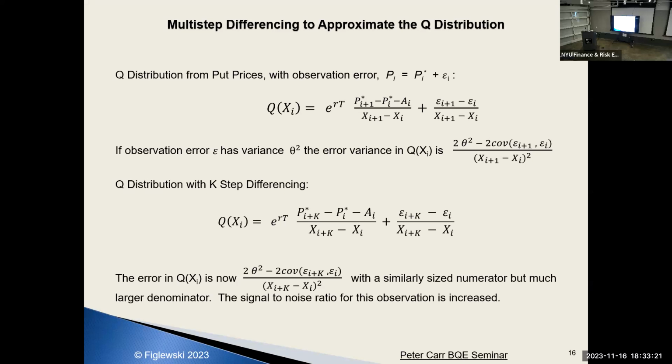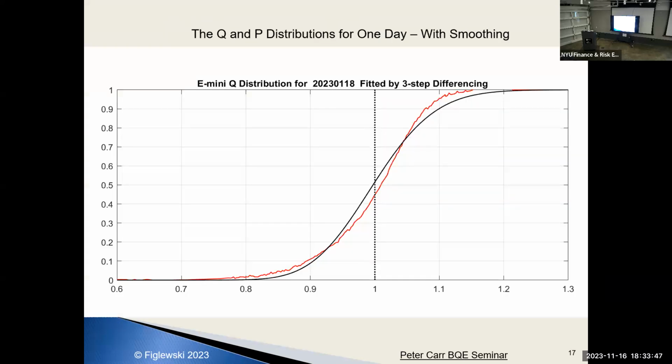Now, the error part is still, we've got the error of each one of the individual things, but the denominator has gotten bigger. So the general size of this factor stays comparable, but the errors get smaller if you take differencing over Q steps. And so there we go. So with 3-step differencing, that looks a lot better, right?